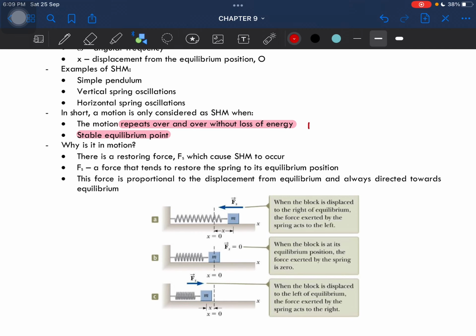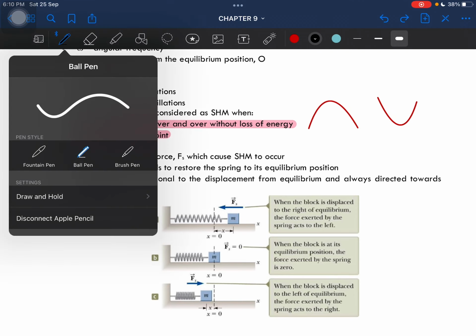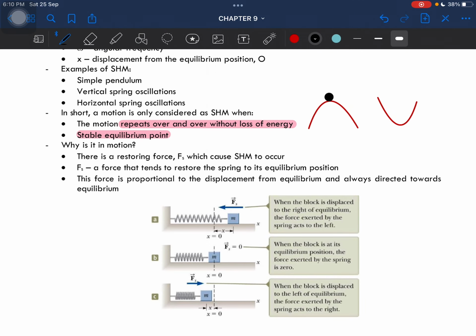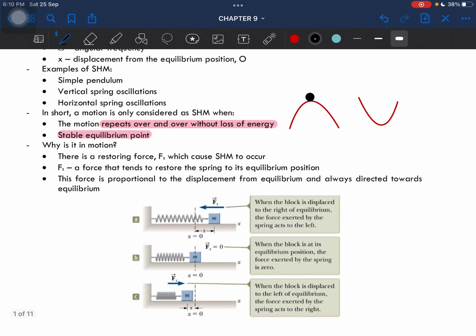For example, if the object is placed somewhere here, if it moves, you can't get it back to this position, because it will keep going down, so it will not come back to this point. But if it's at this point, the motion repeats over and over again, and it will always go back to this equilibrium point.